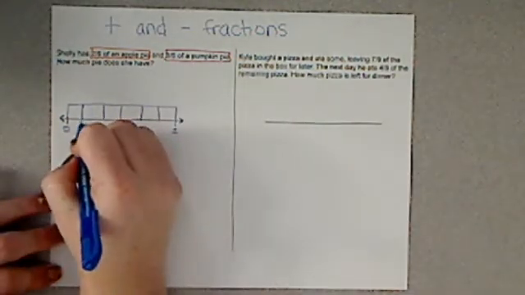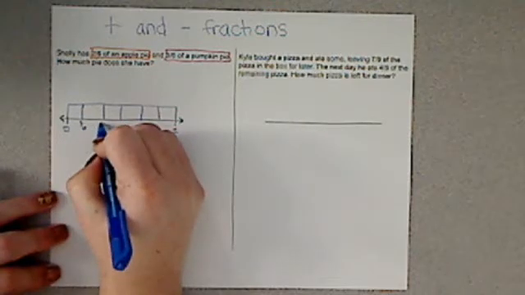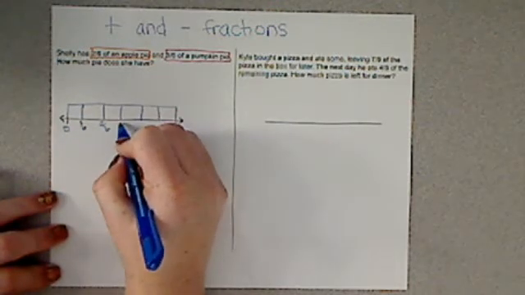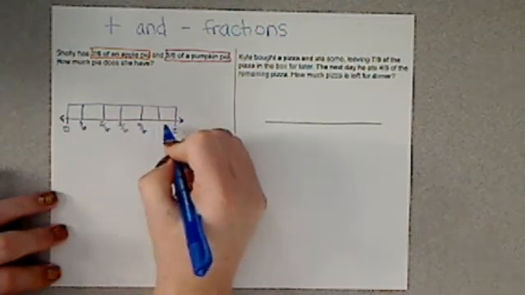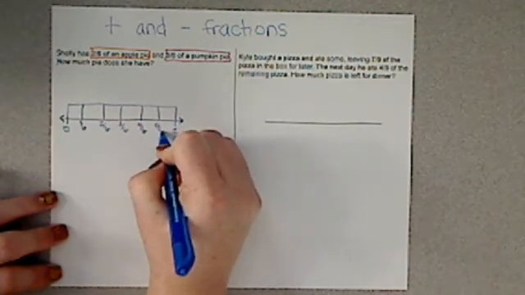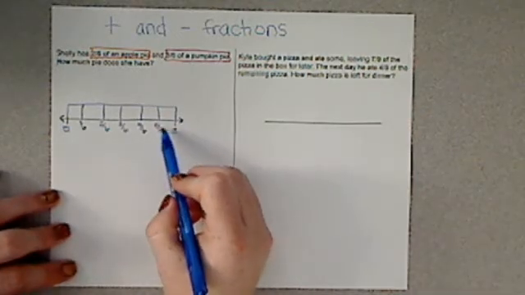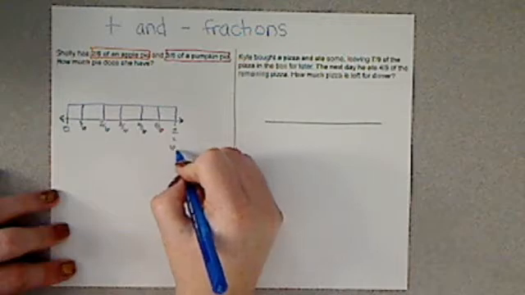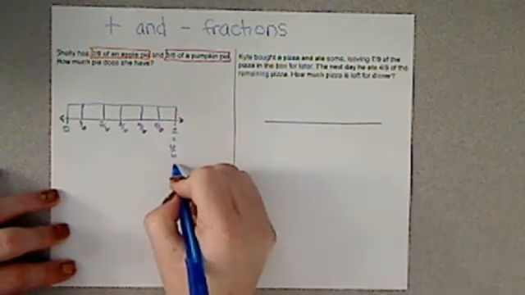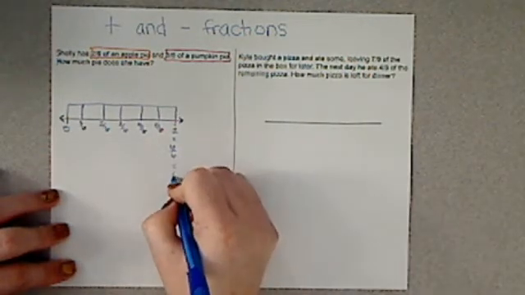So I can label this place as 1/6, 2/6, 3/6, 4/6, and 5/6.